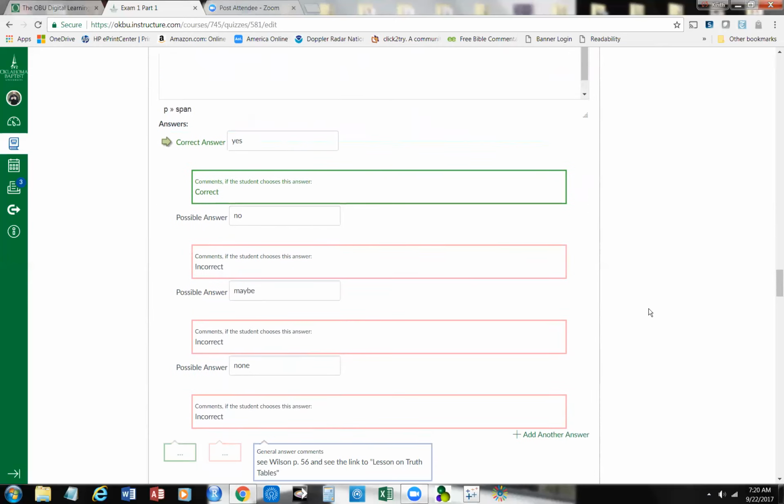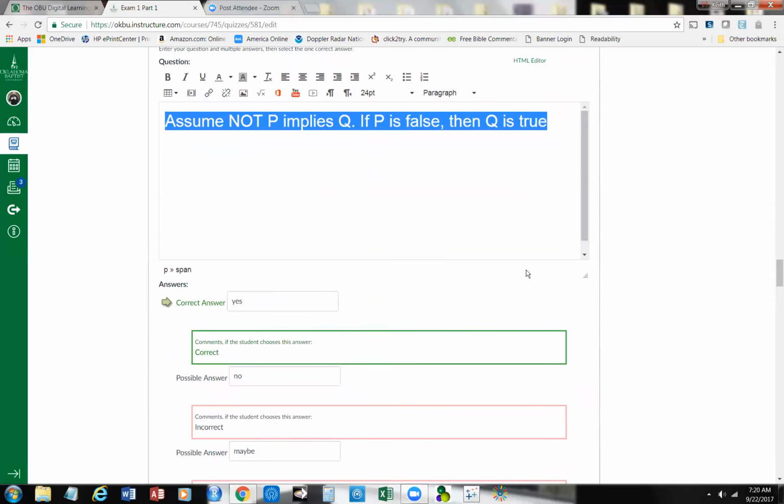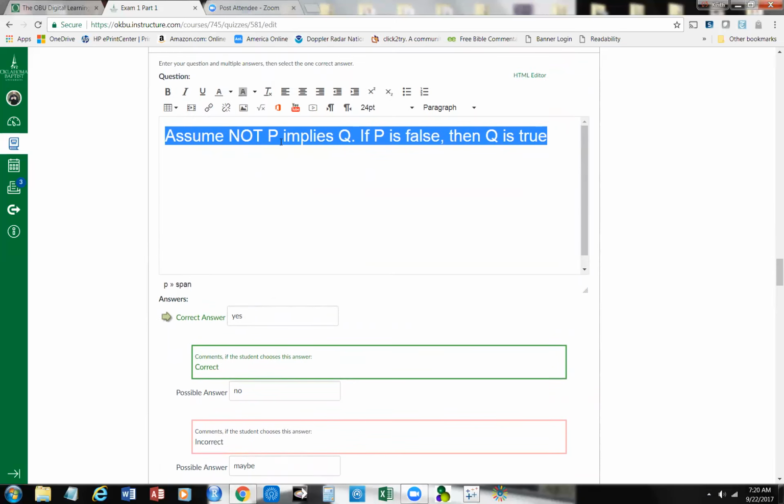I tell you correct. I tell you to see Wilson, page 56, and the link. There's a link over there on truth tables provided in the supplemental website. So you have to think about this, not P. So it's anything but P implies Q. So anything, if you take P and take it out of the set, all the other letters of the alphabet, for example, imply Q. So all the other letters imply that Q is true.